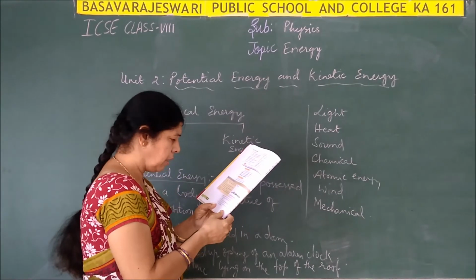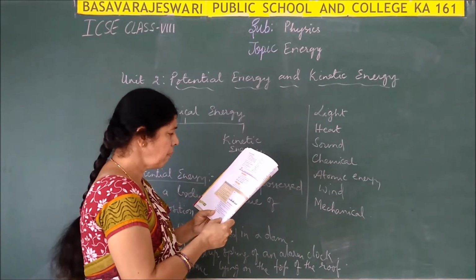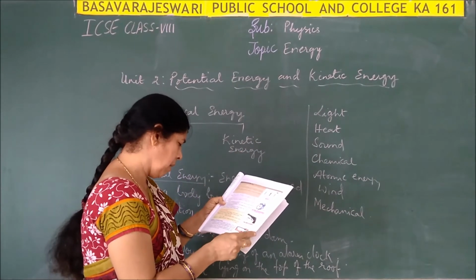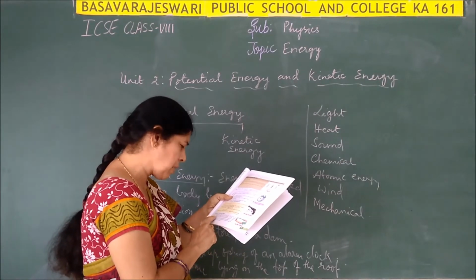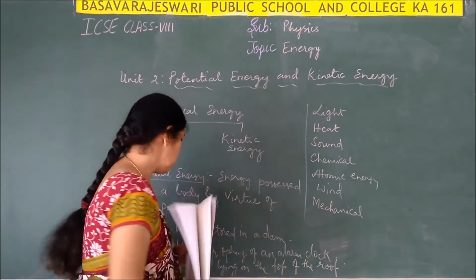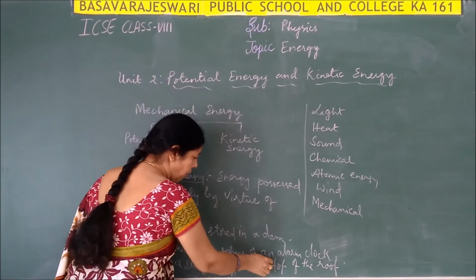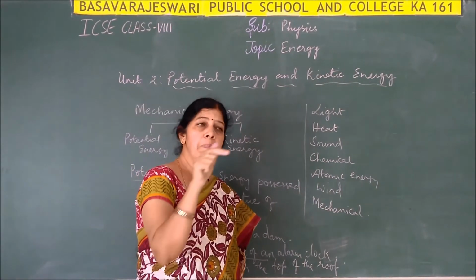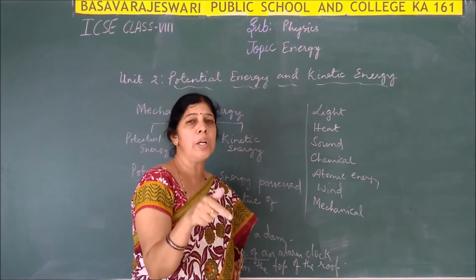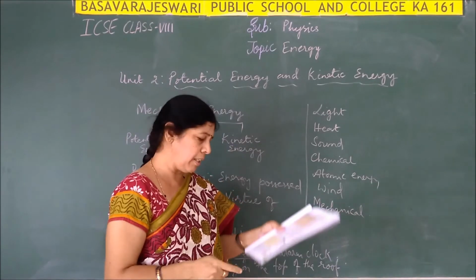See, the examples for potential energy. When we wind up the spring of an alarm clock, our muscular energy is stored in the spring. So, when you wind up the spring of an alarm clock, what is happening? You are using your muscular energy, and that muscular energy will be stored in the spring as potential energy.